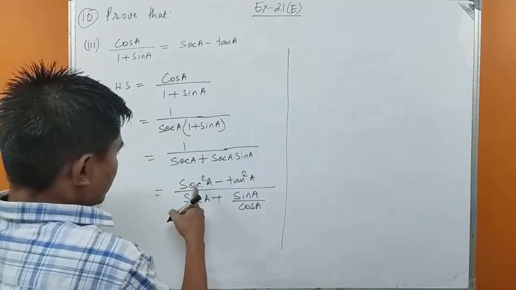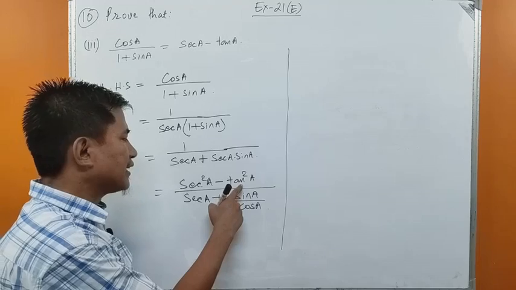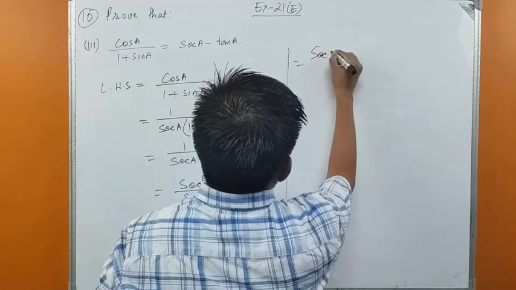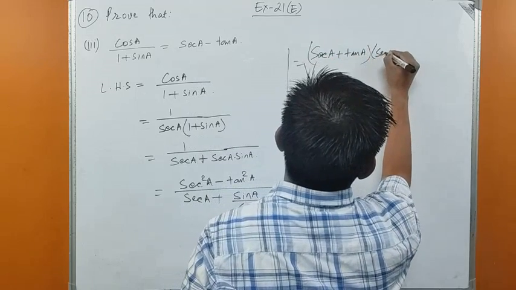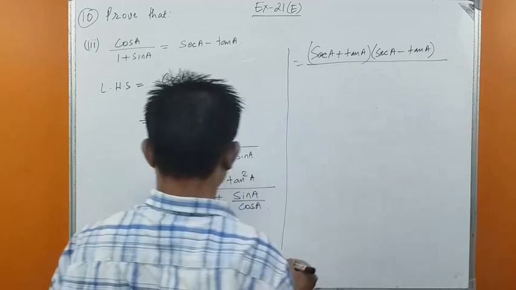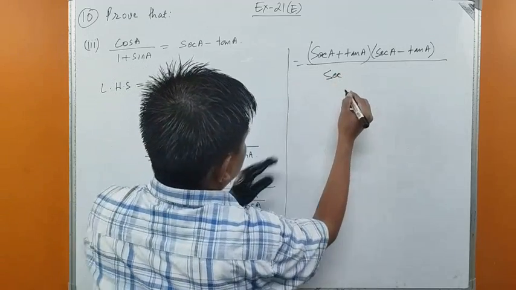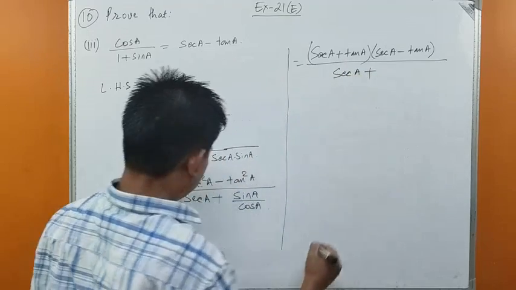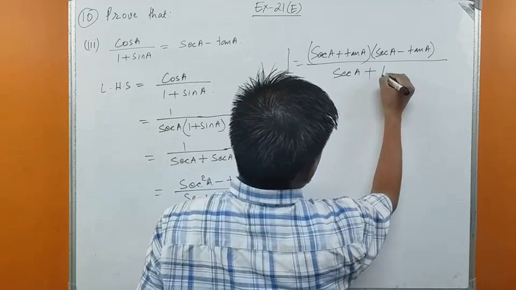So sec square A minus tan square A. Now let's assume this sec A as A and tan A as B. So A square minus B square can be written as A plus B into A minus B, whole upon sec A plus sin A by cos A. Sin A by cos A is tan A, isn't it?